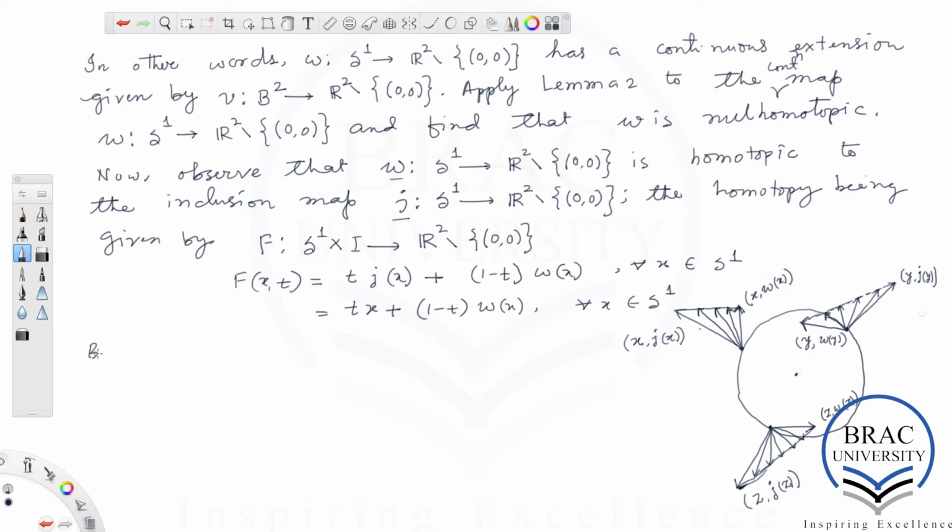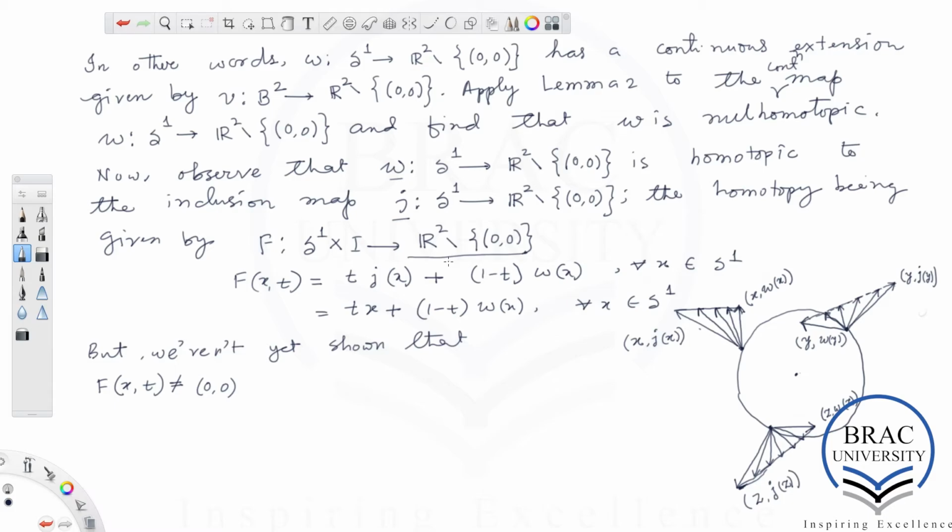But we haven't yet shown that f of (x, t) is non-zero, right? That this guy is non-zero. So we expect f to be a map from S1 cross I to this punctured plane, so that f of (x, t) cannot be equal to (0, 0). We haven't shown it yet.